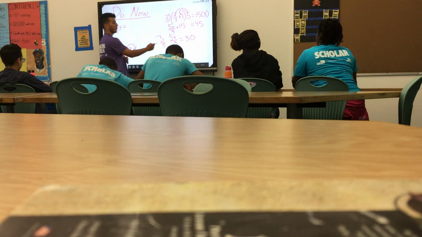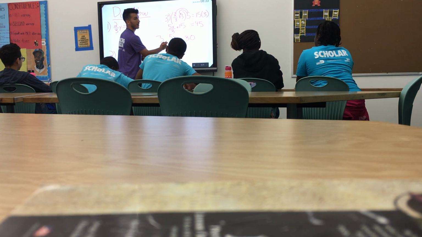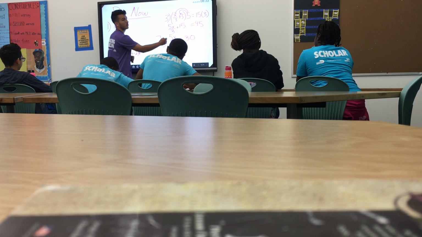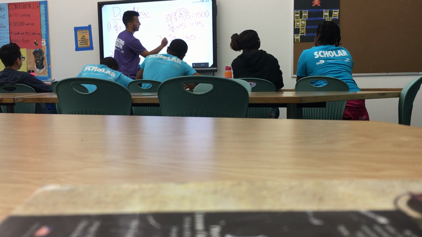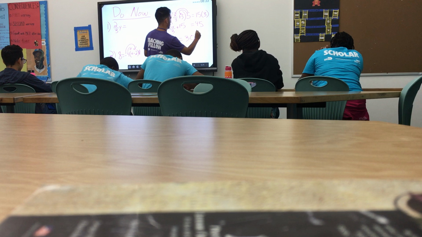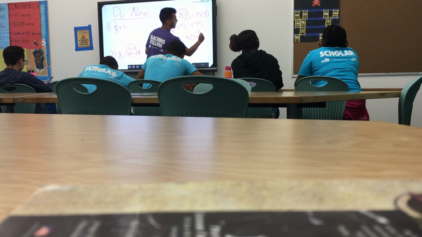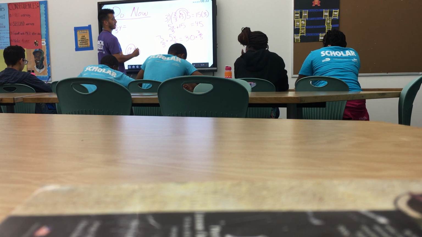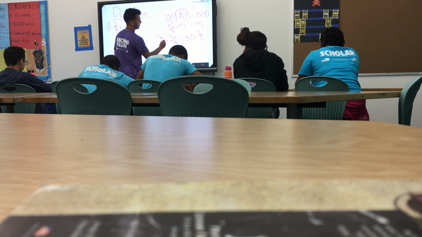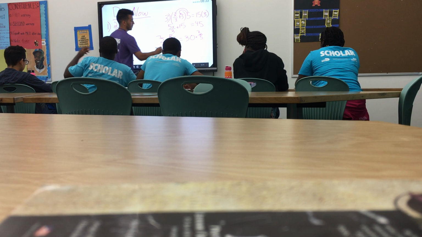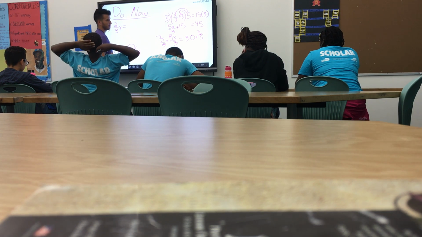Yeah, so I'm multiplying by 3 over 5, the reciprocal of 5 over 3. And why am I doing it to both sides? Because it goes around. Okay, these things cancel, right? So I'm left with just x here.